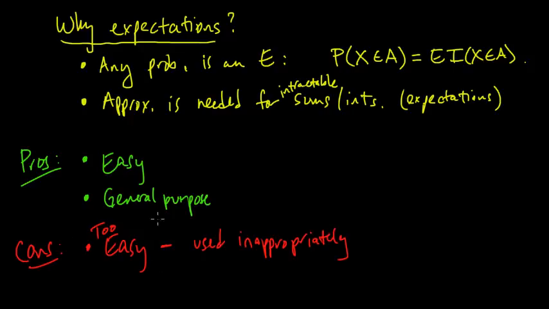Because sampling methods are so easy, and I was talking about how general purpose they were, it's used as a sort of cure-all elixir, or some sort of wonder tonic that you just pour over your problem and you instantly get valid results, and that's simply not the case.